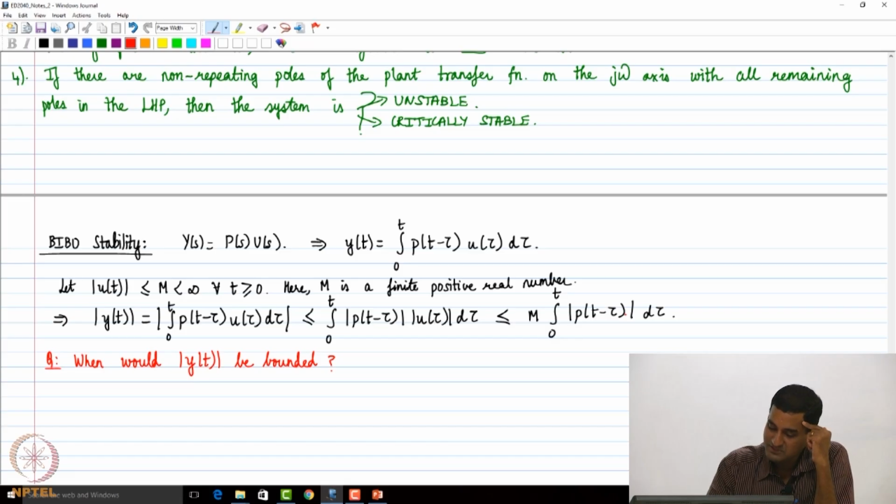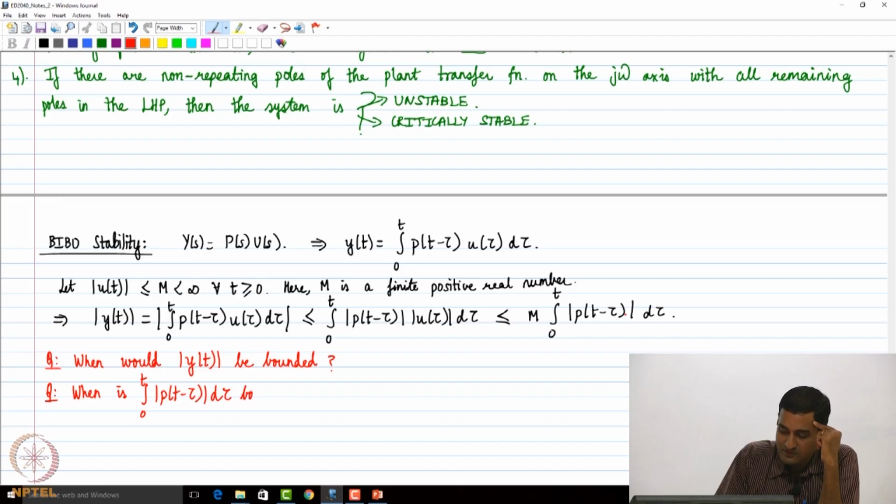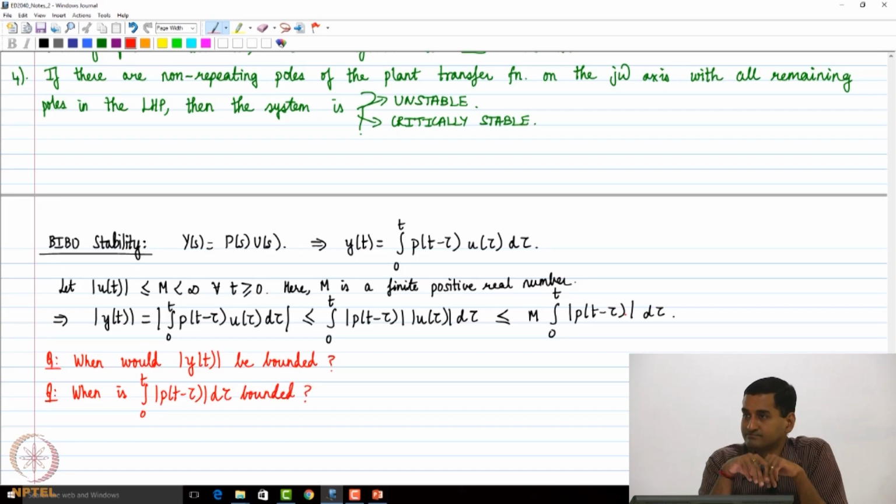So the follow-up question is, when is the integral from 0 to t of the magnitude of p of t minus tau, d tau bounded?